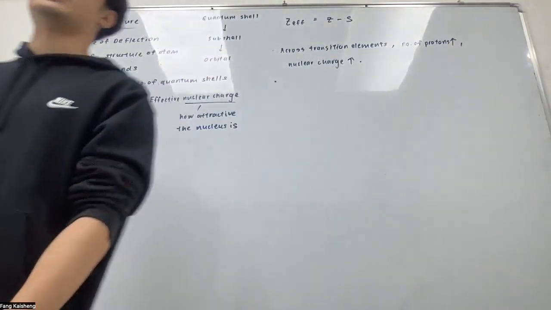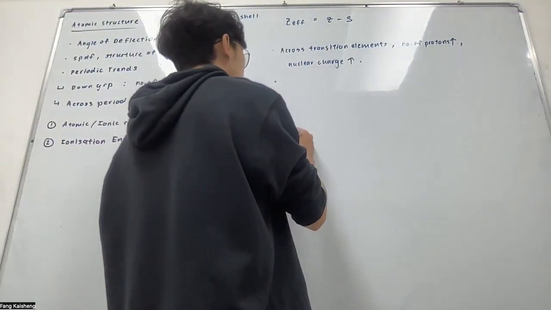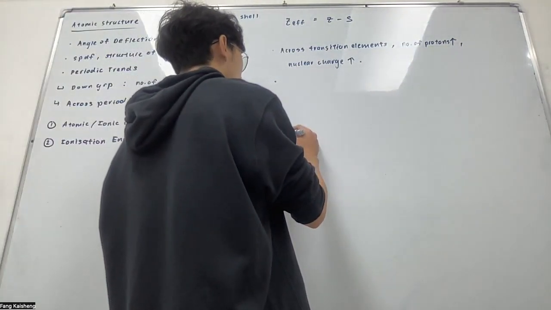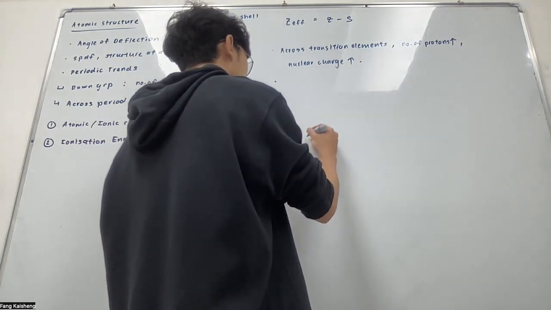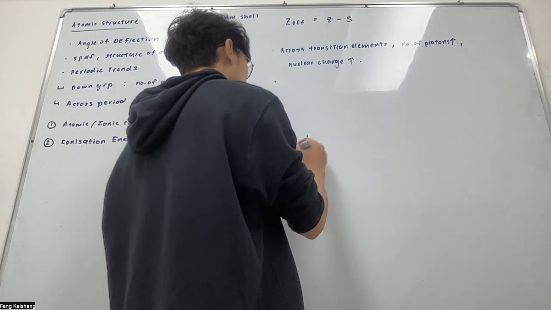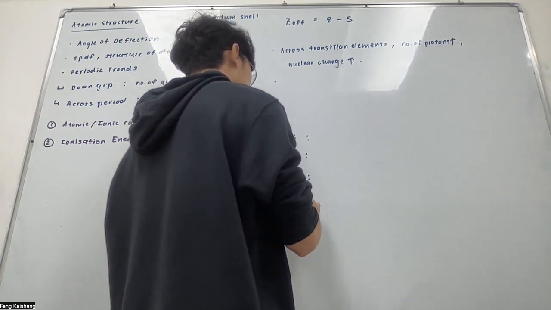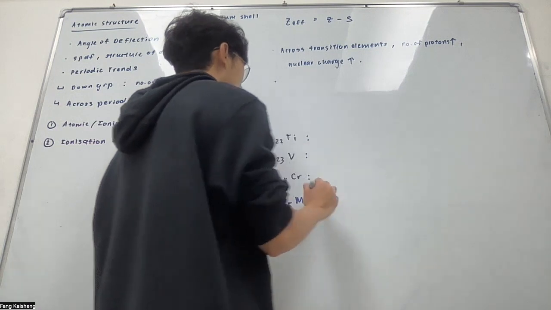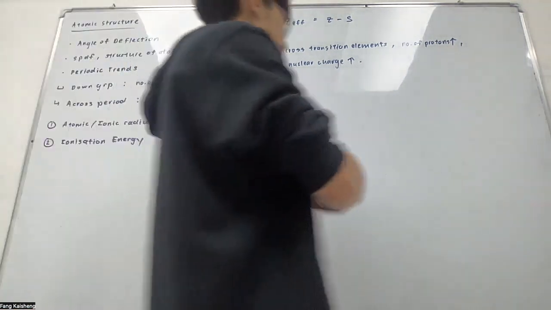And before we move on to the second point, I want you all to write down the configurations for these species at the side. Basically, some examples of transition elements. We're going across the period, so just take a look at this. Go and write down all 4 of these configurations. At some point, the configuration will be repetitive.